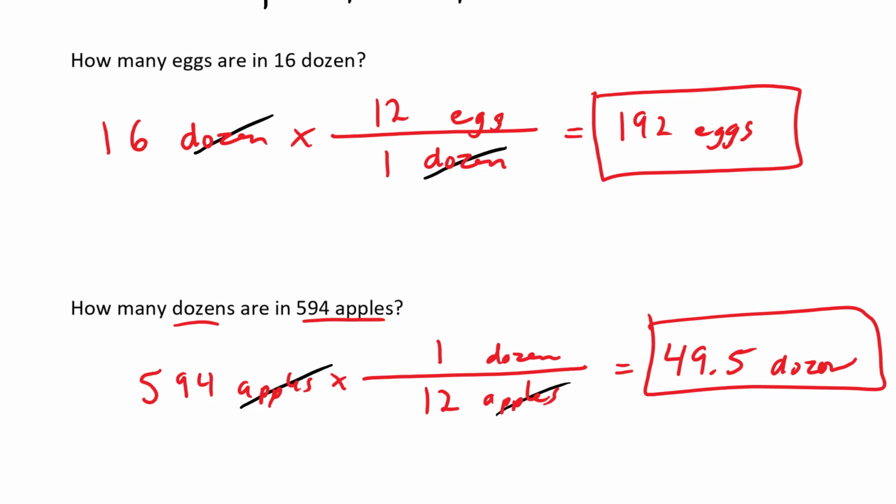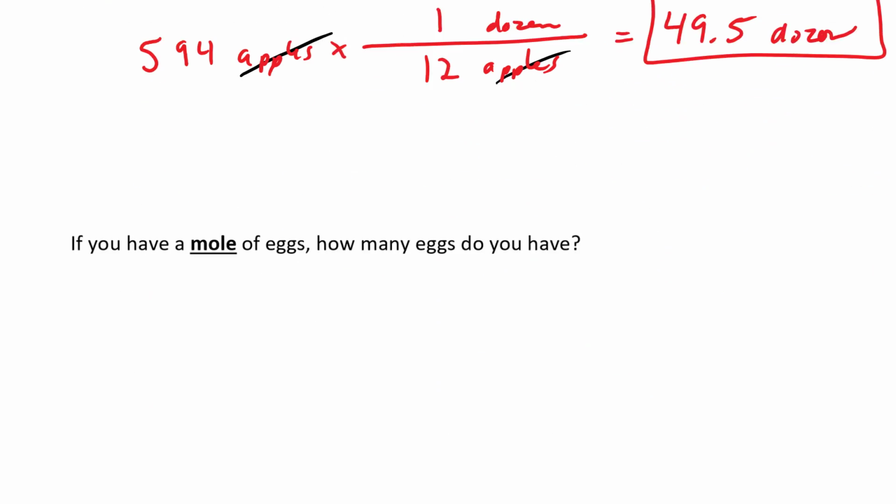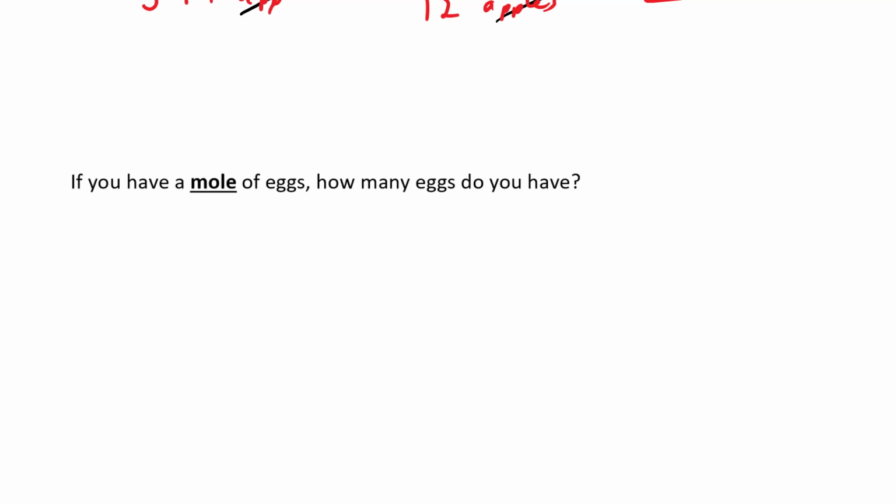Now you might wonder why I'm focusing on the term dozen so much. I'm trying to ease you into the next concept. So we said that the word dozen means 12 objects. Let's talk about a new concept, the concept of the mole. If you have a mole of eggs, how many do you have?